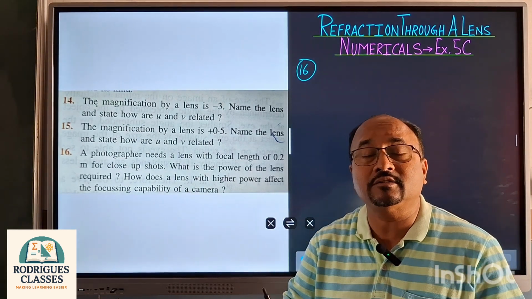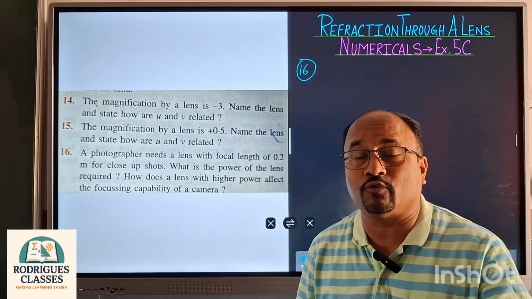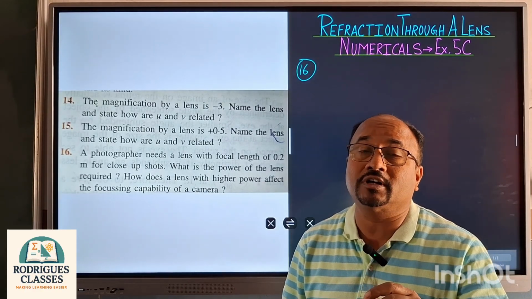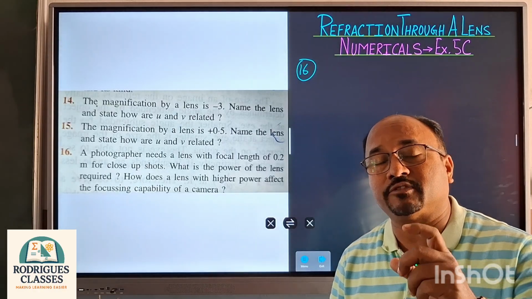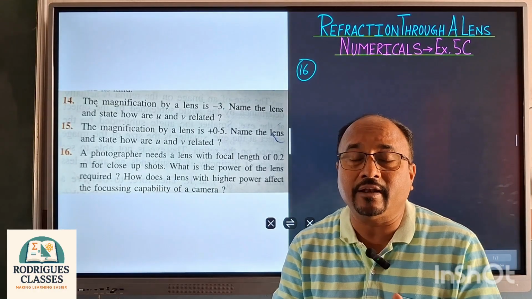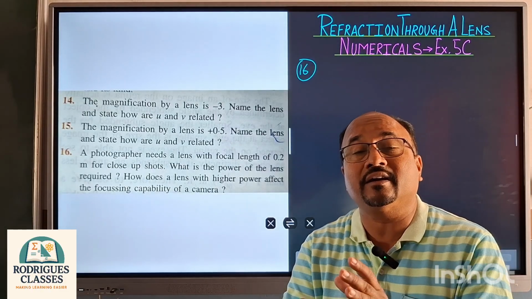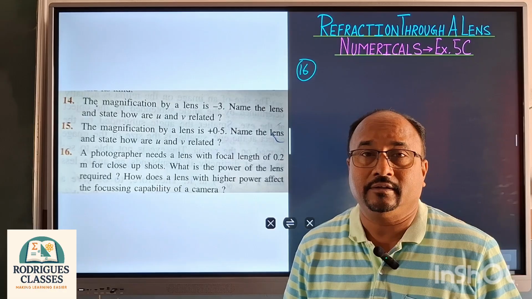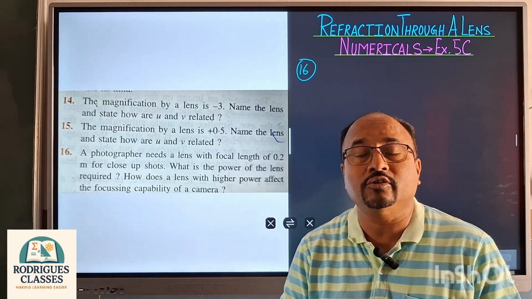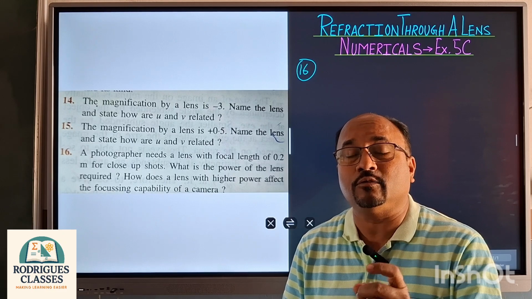So when power is more, you know that focal length will be less. It will be a shorter focal length because power and focal length are inversely related. Now imagine if you have a lens with a short focal length, you can focus on nearby objects clearly and get a clear image with a stronger clarity in it. So greater the power, you will be able to take the closer picture in a much better way.